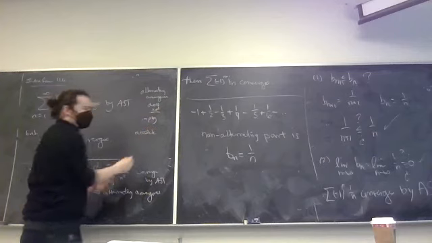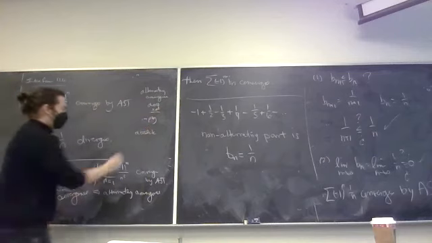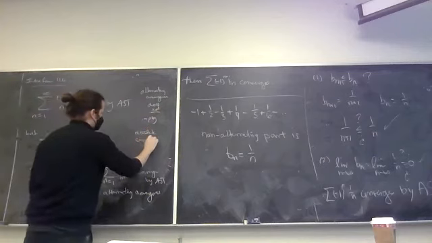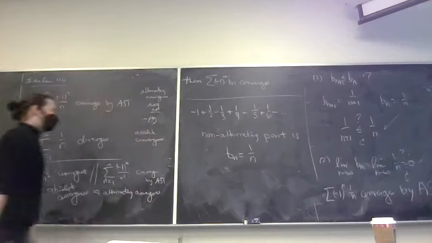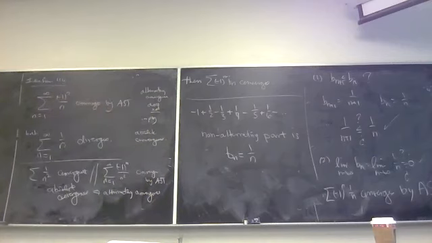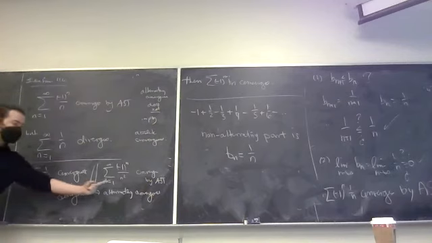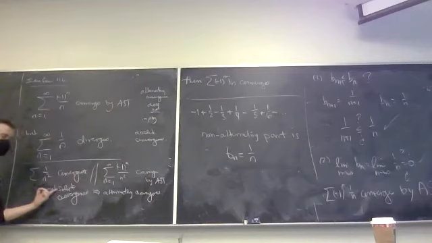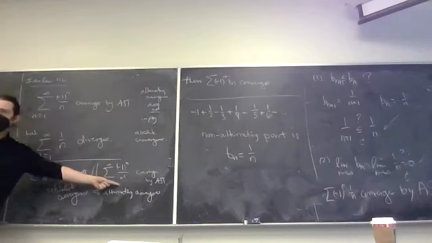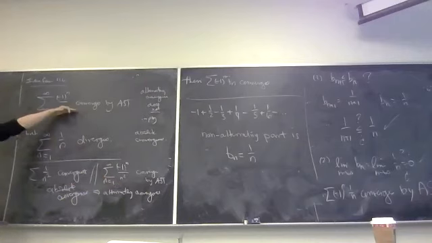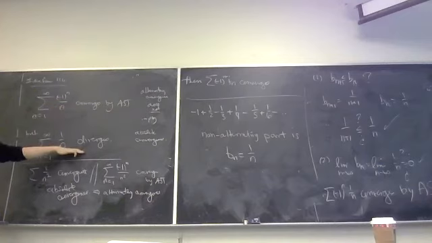We use absolute here for absolute value or positive, right? Okay, what that means is this type of convergence in some sense is stronger than this type. Everything that does this also does that. But everything that converges under alternation does not converge in the absolute value.